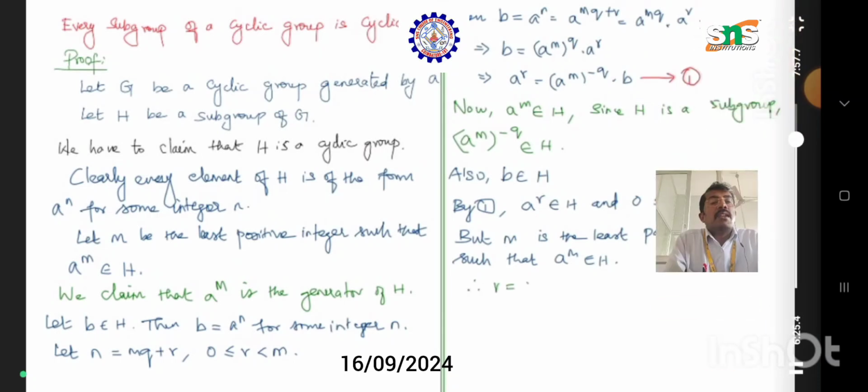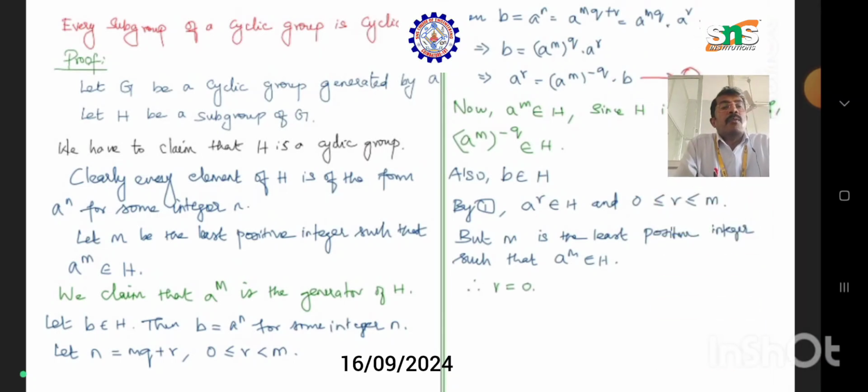So here we get a clear understanding of how we have to proceed and what structure we have to maintain. Since we have taken m as the least positive integer such that a power m belongs to H, r is nothing but the remainder, so r is equal to 0.